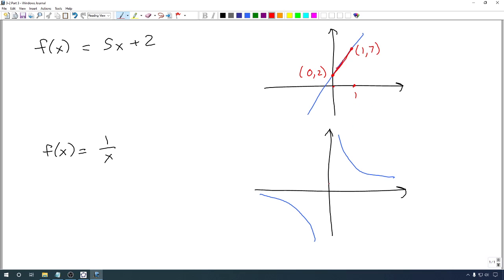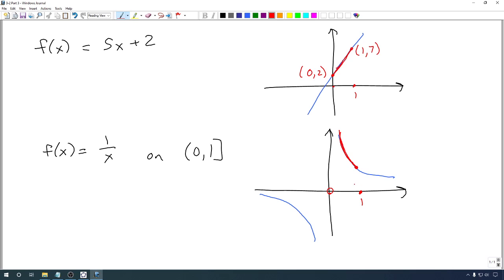Of course, here 0 is not actually part of the function, so we'll look on the interval from 0 to 1, not including 0 this time. So we have an open circle there and a closed circle there. This is a 1. So here we're looking at this section of our graph.